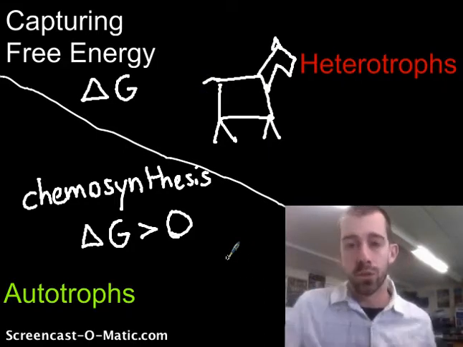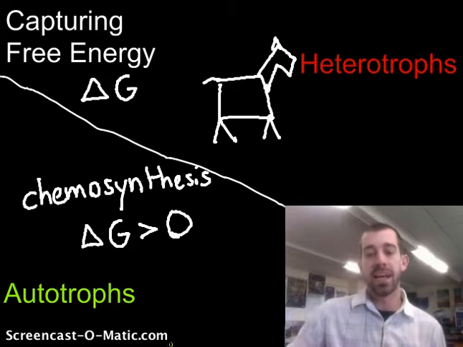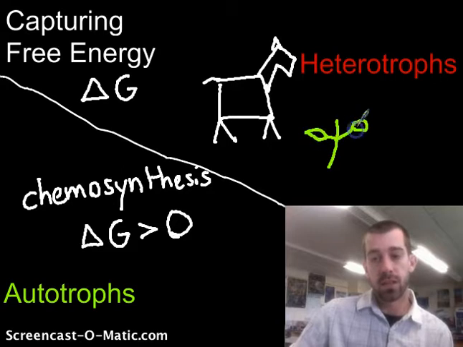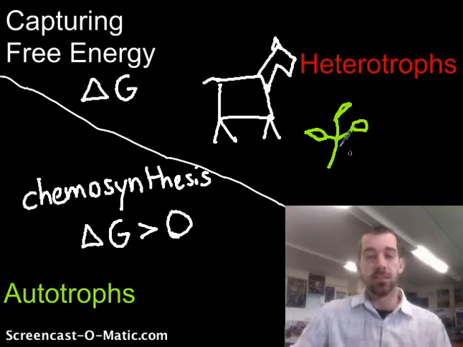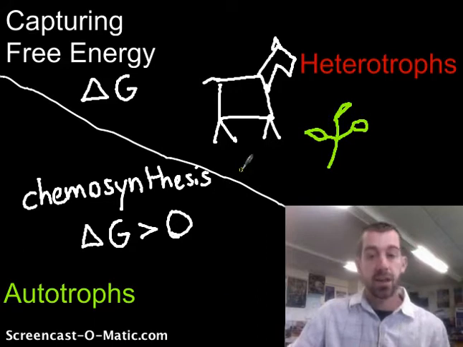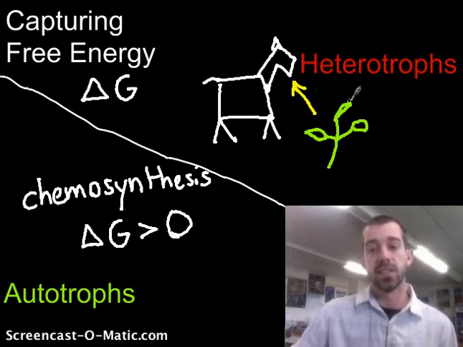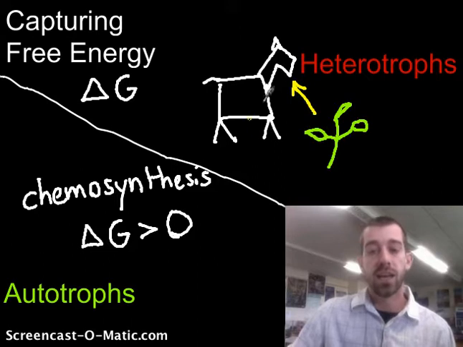He cannot absorb energy from the sun. So what he has to do is find a plant which has already stored energy, and steal the energy from that plant by eating it. So he's stealing the stored energy from the plant and using it for himself.